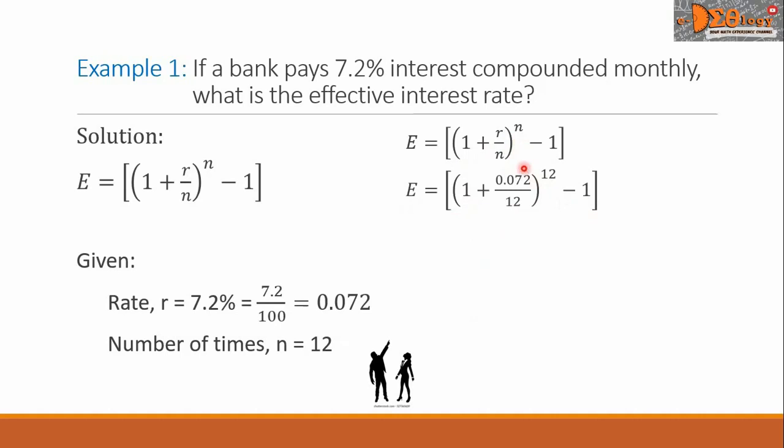On the next line, let us simplify this fraction, 0.072 over 12. Using our calculator, we will get 0.006. And then let us get the sum of this 1 plus 0.006, and that is 1.006.